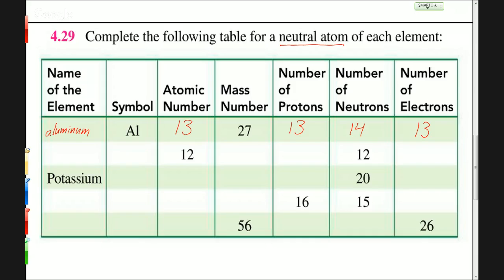All right, see if you can finish this up on your own. Finish this table, and then we'll take a look at it. Let me know if you have trouble.